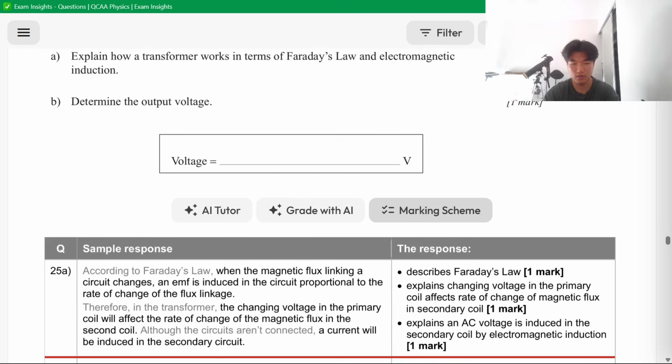Current will be induced in the secondary circuit. Changing voltage in the primary coil will affect the rate of change in the secondary coil.